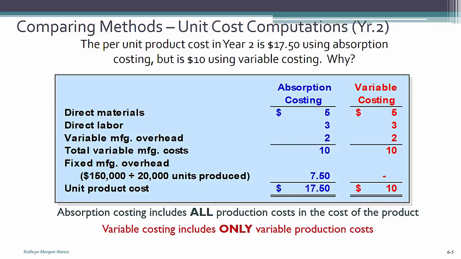Again, under variable costing, the issue of fluctuating product cost due to production disappears. As you know by now, only variable manufacturing costs are included in product cost under variable costing. And as we'll see next, net operating income will be different again when comparing the two methods because production is different than sales.